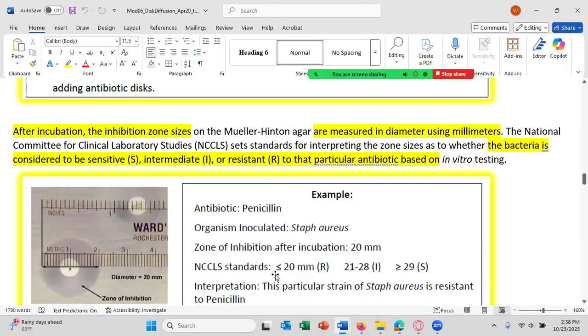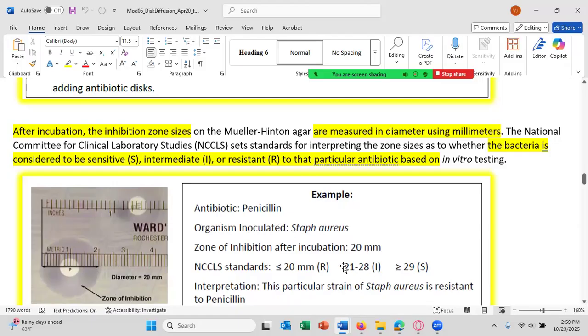if the zone of inhibition is less than or equal to 20 millimeters, then this Staphylococcus aureus strain is resistant to this antibiotic, penicillin G. However, if the zone of inhibition diameter is greater than or equal to 29 millimeters, then the bacteria, Staphylococcus aureus, is sensitive to this antibiotic, penicillin G. And in between 21 to 28 millimeters in diameter, you say that this bacteria is intermediate to this antibiotic.